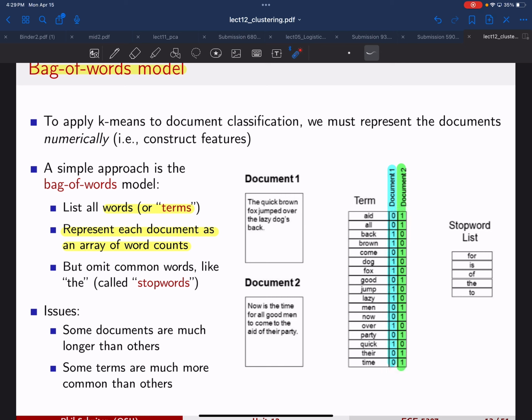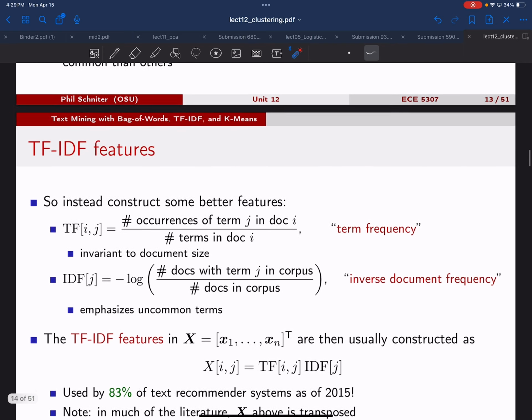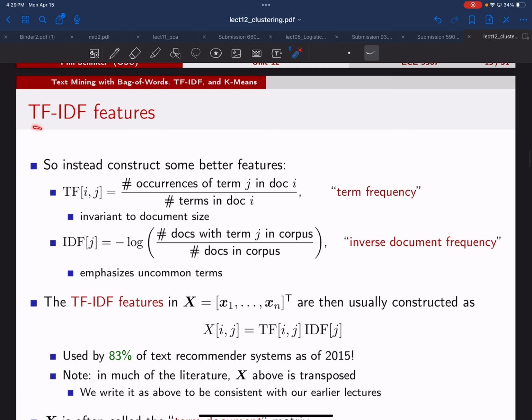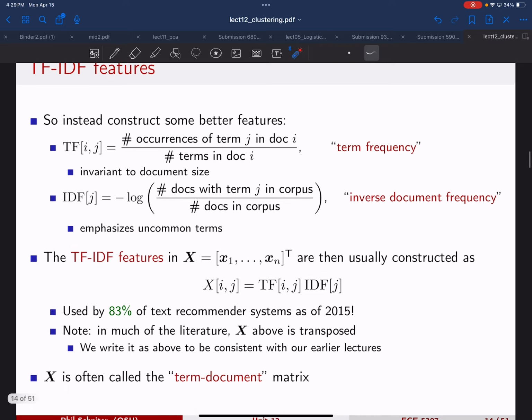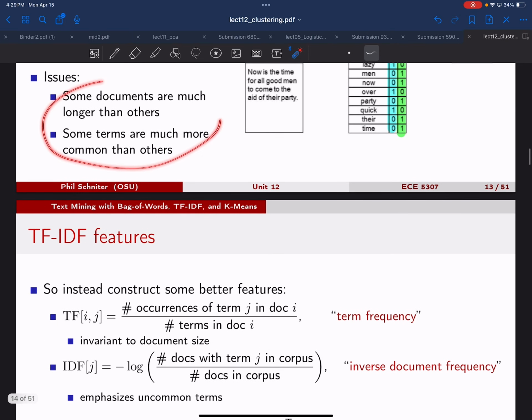One has a lot more terms than another, and some of the terms themselves are much more common than others, and that should be significant, but maybe we want to modify how we're encoding things a little bit to take these two things into account. So that's where we get this particular way to construct features called TF-IDF features that tries to get around these issues.